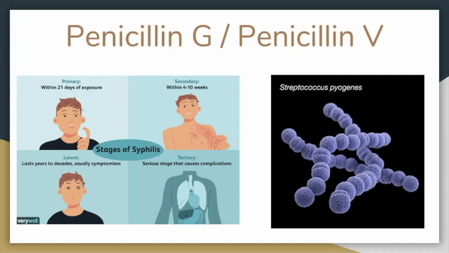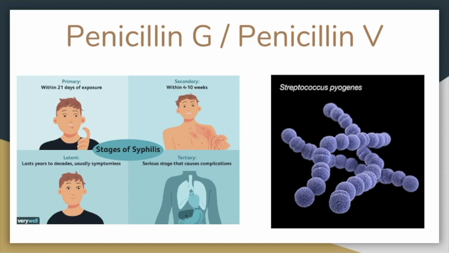Narrow spectrum means they only kill a small number of bacteria, and broad spectrum means they kill a lot of different bacteria. For penicillins, we're going to start off with Penicillin G, which is IV, and Penicillin V, which is oral. These are going to be our narrow spectrum penicillins.